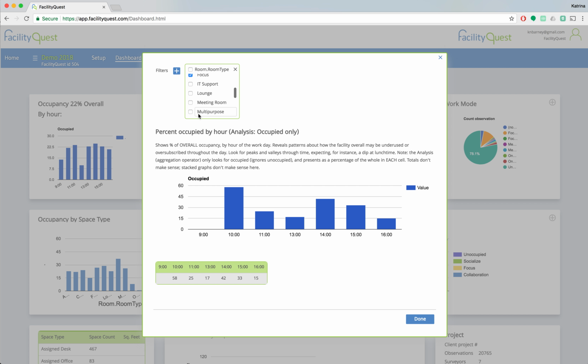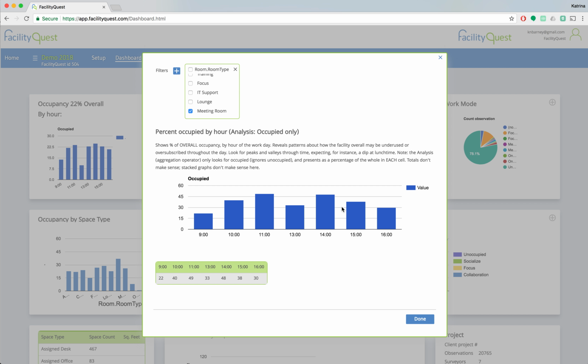We could take a look at one other space. Perhaps let's look at the meeting rooms instead. And the meeting room is also actually pretty well occupied. We have some maximum occupancies here of around 49% before lunch, 48% after lunch, and it follows the same general curve.